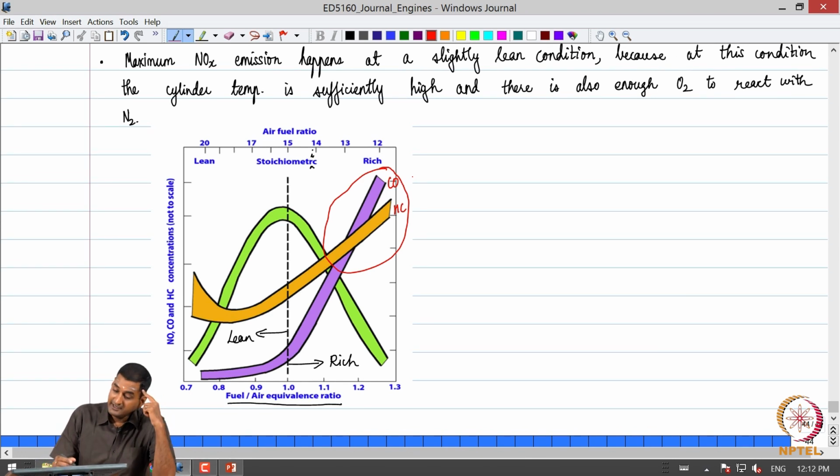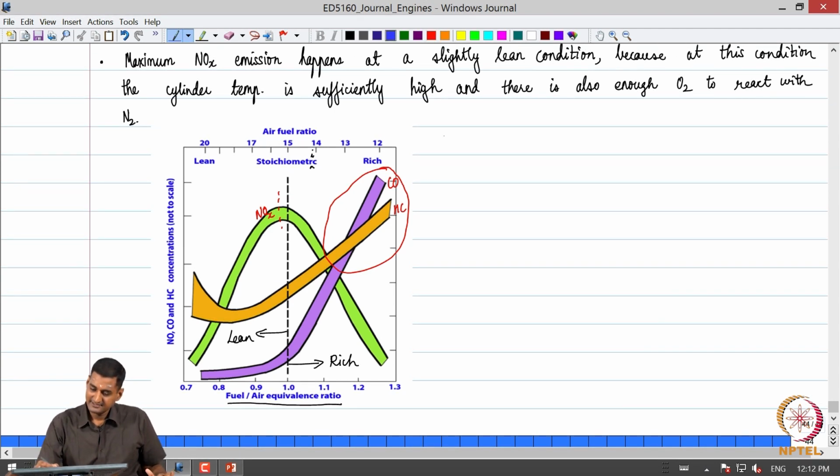And we can see that NOx emission, which is represented by these curves, becomes the maximum at slightly lean mixtures, near stoichiometric conditions. Okay. So, this is typically the emissions in SI engines.